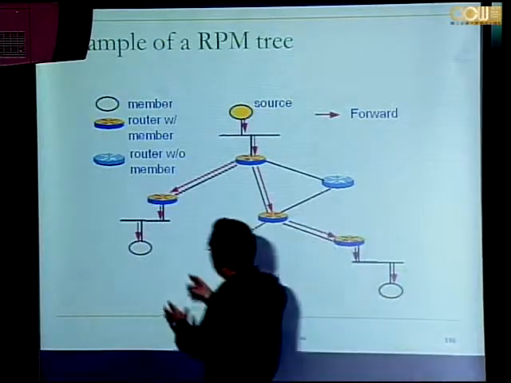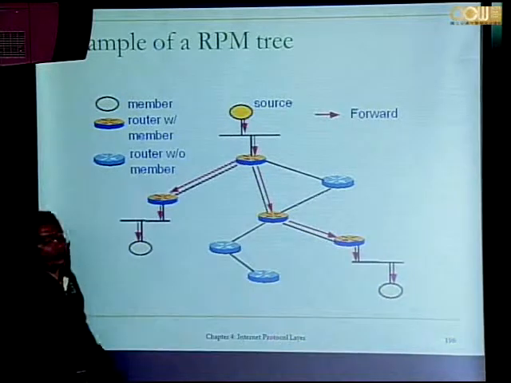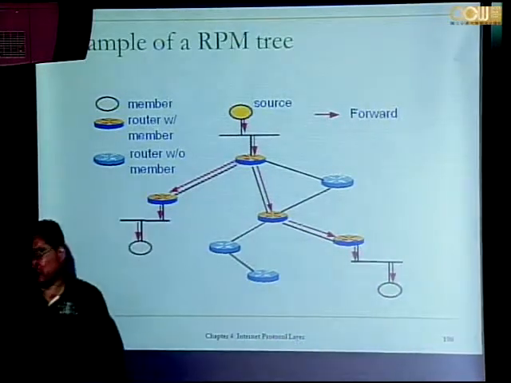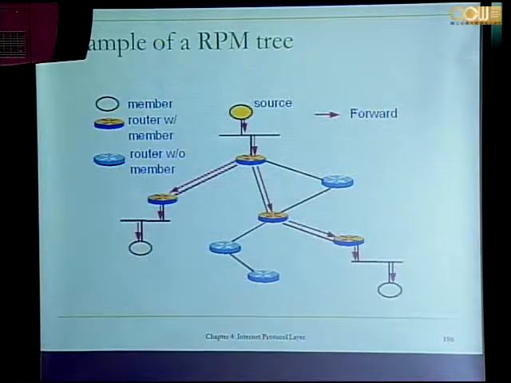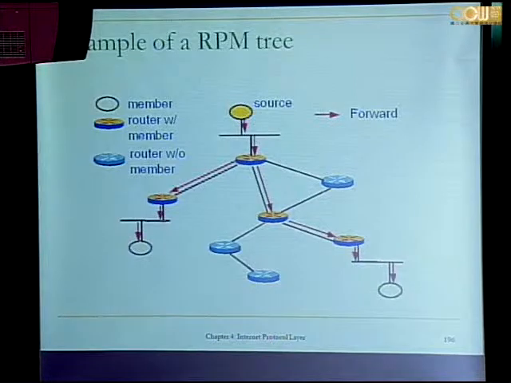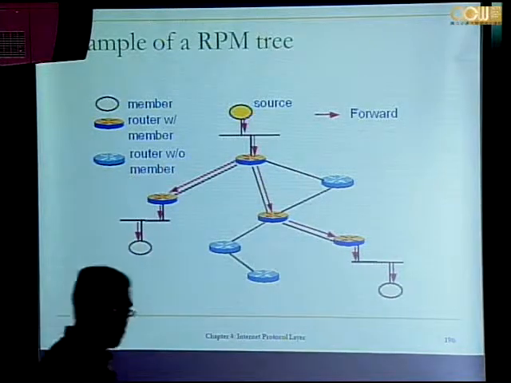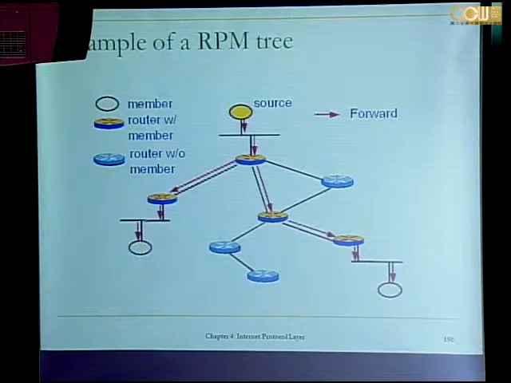And if this one talks, it will form another source-based tree. So if these three hosts all talk, then you would have three source-based trees. And the router would have more information, more prune state to keep, since it's per group per source. That's DVMRP.